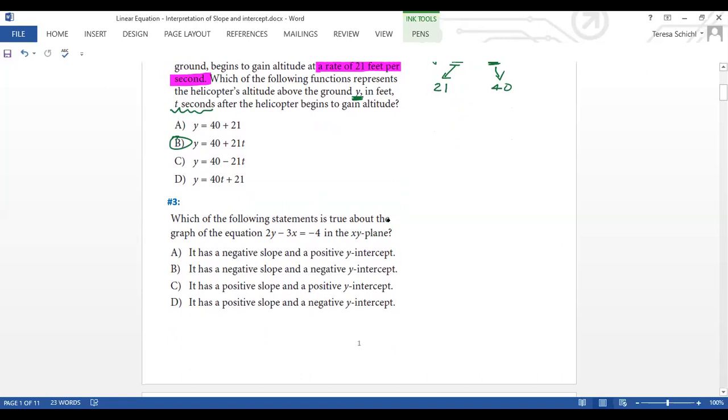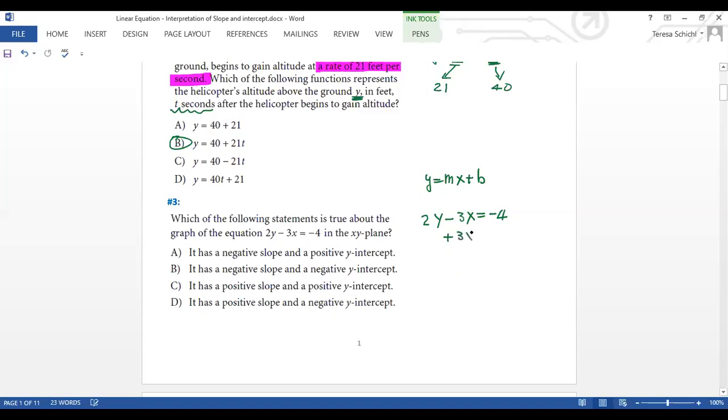Number 3. Which of the following statements is true about the graph of the equation 2y minus 3x equals -4 in the xy plane? We know the most popular formula in linear equations is y equals mx plus b.